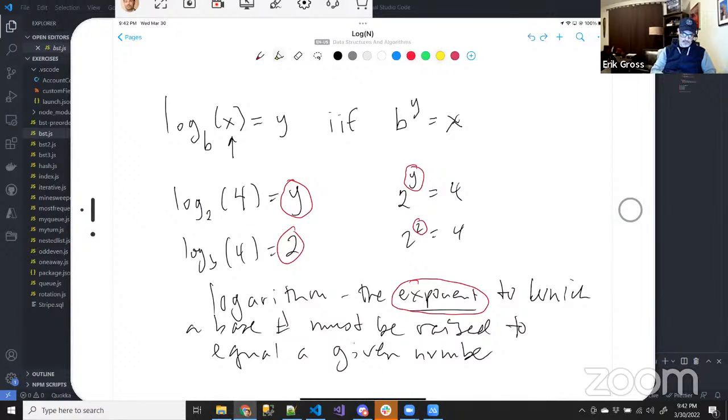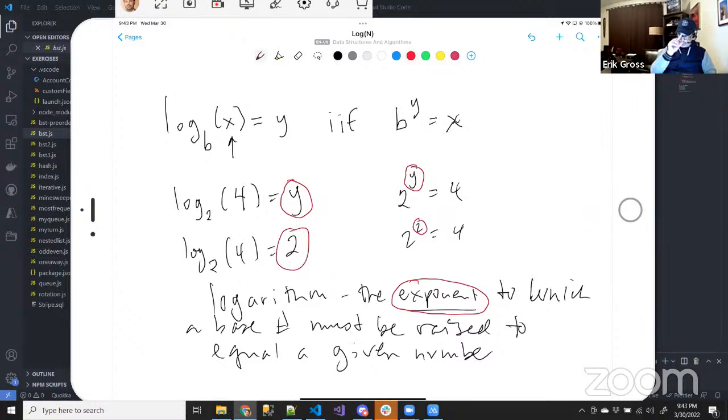So, exponent. Exponents are red. If I got this right, yeah.